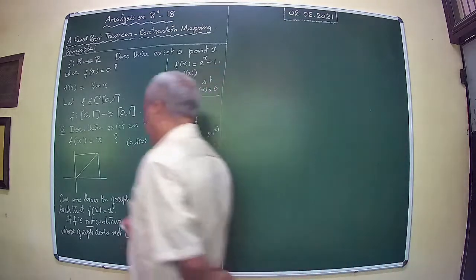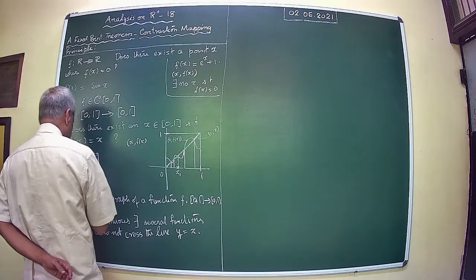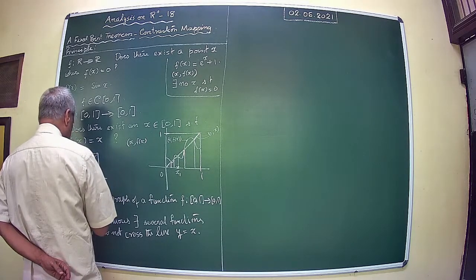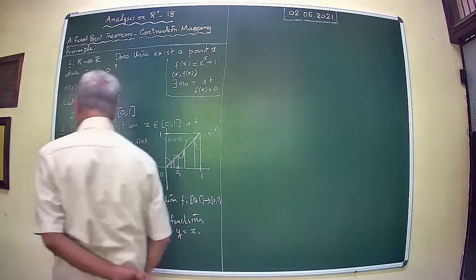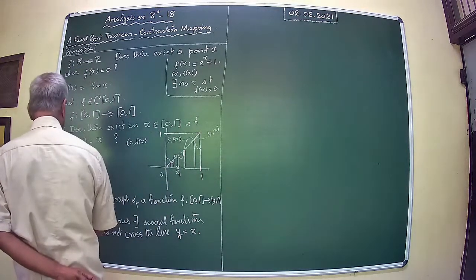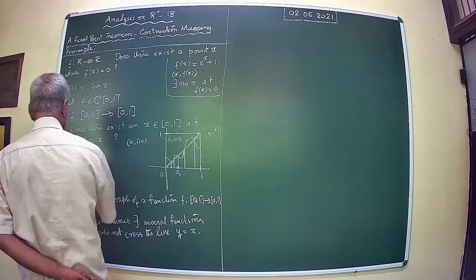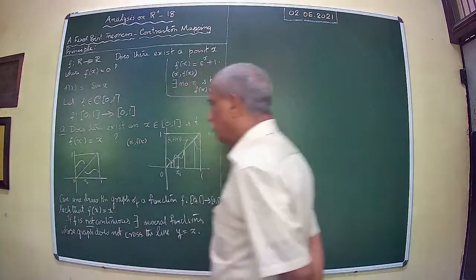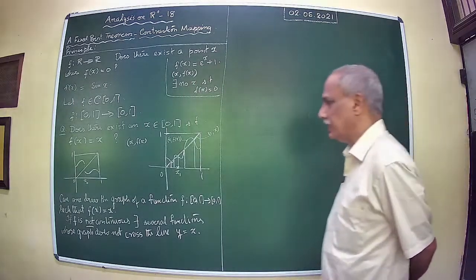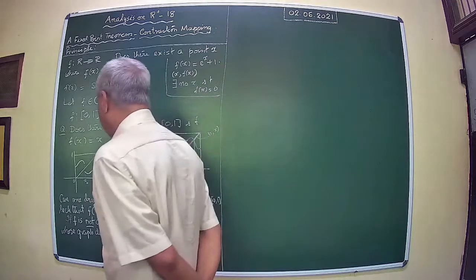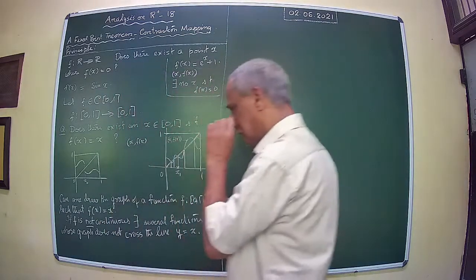For example, you can draw something like this, with a discontinuity at the point x0. So if you drop the restriction of continuity, then you see that it may not have an intersection with the line y equal to x.